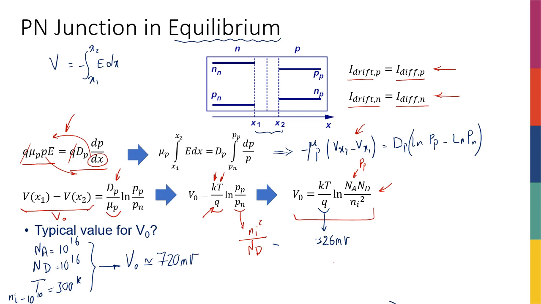Okay, so if you change these doping levels from 10 to the power of 15 all the way to 10 to the power of 17, you're going to see that a reasonable range for V0 is between 700 and 800 millivolts.